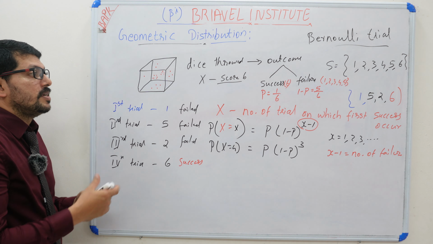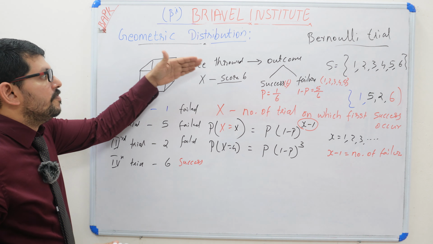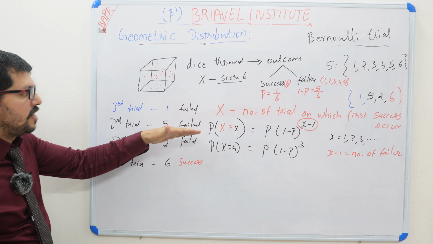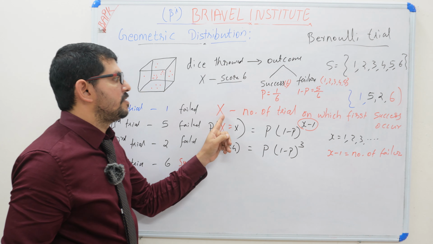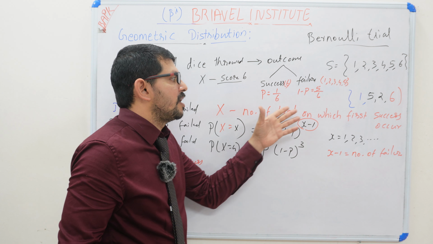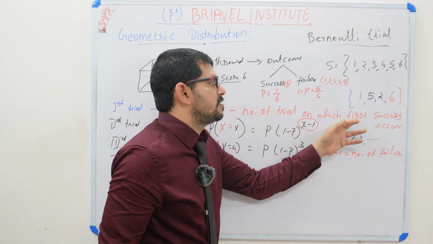So this is the geometric distribution. We are doing the Bernoulli's trial each time, and X is defining the number of trials on which the first success occurred.